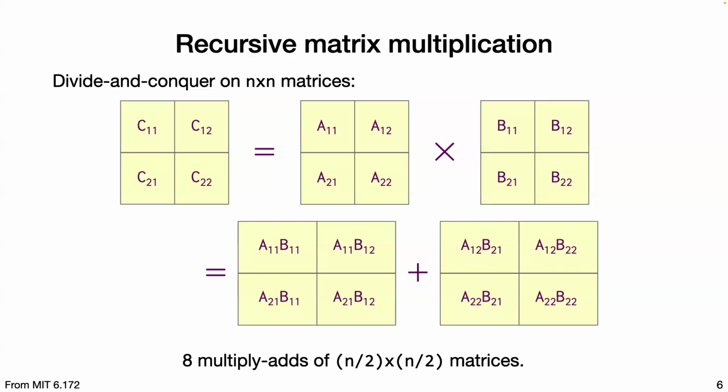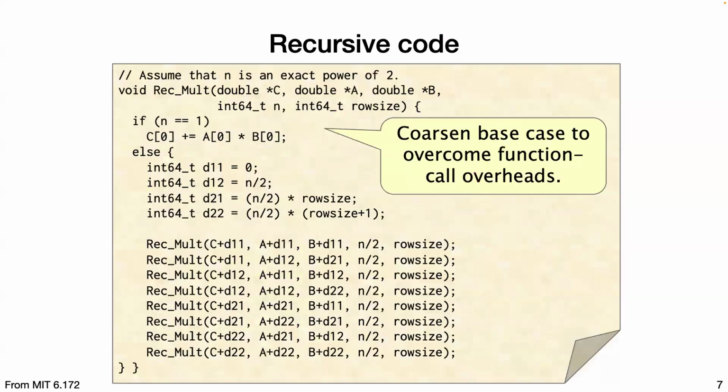And last time we did the work span analysis for this. This is the same code as we had last time, but now it's just on one thread. Even still, in one thread, you want to coarsen the base case because of recursive function call overhead. You don't want to do a function call on a dataset size of 1. Right now this is n equals 1, but in reality this would be a larger constant.